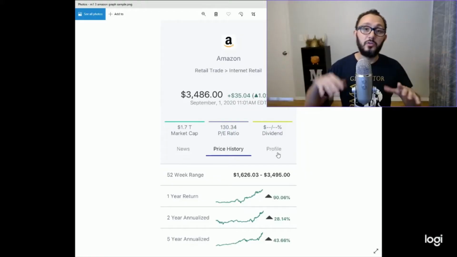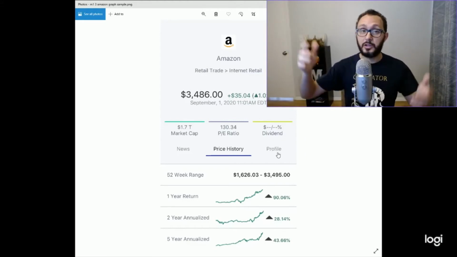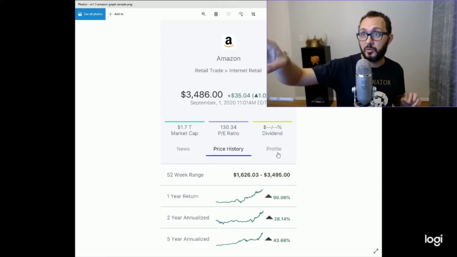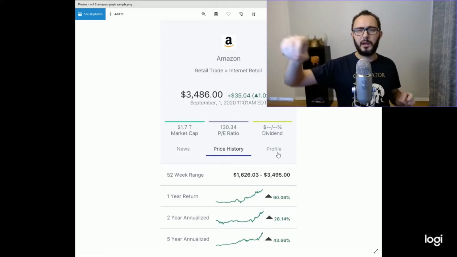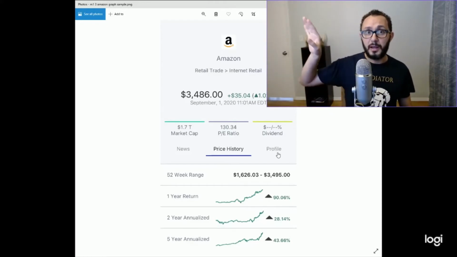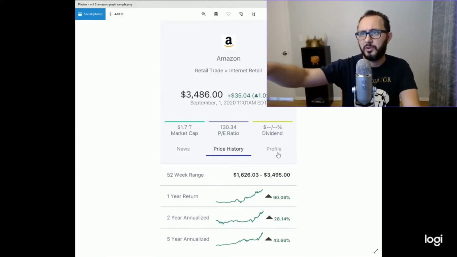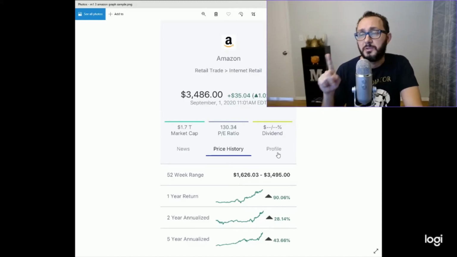So once the account is open, you can see the stocks and you can research them. M1Finance provides graphs like you see on the Amazon example on the screen right now, with the lines going up because Amazon has been so profitable, and then you have 1 year return, 2 year return, 5 year return, the percentage increase value.